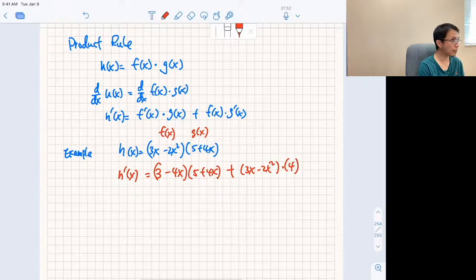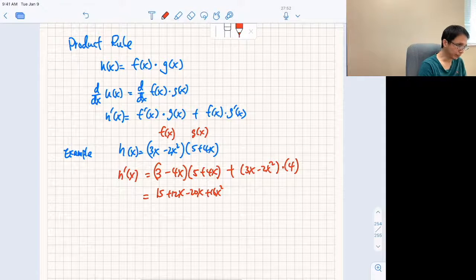Am I going too fast? No? And now you have to simplify this. So that's equal to 15 plus 12x minus 20x and plus 16x squared, and plus 3x times 4, which is 12x, minus 8x squared.